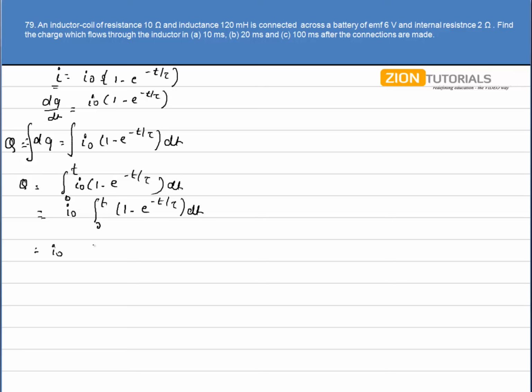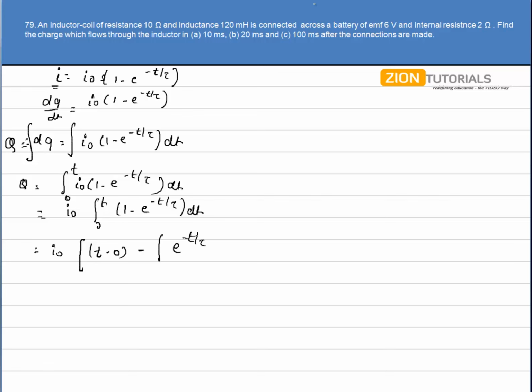The integration of 1 gives t, and substituting the limits I have t minus 0, minus the integration of e to the power minus t by tau.